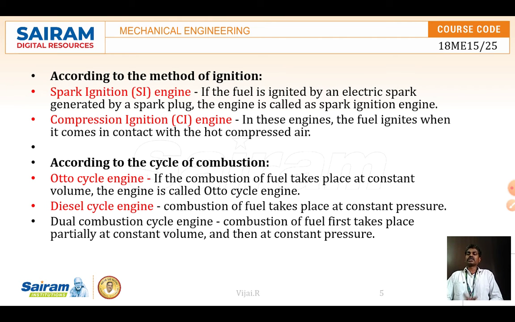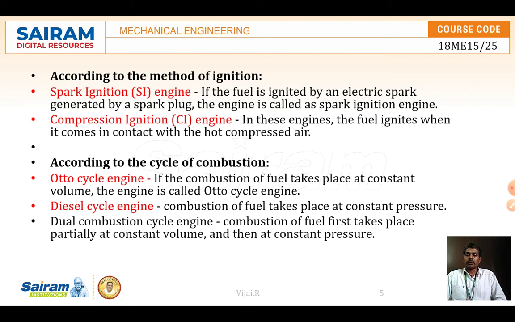That is called the spark ignition system. Another one is the compression ignition system, where the fuel ignites automatically with the pressurized air at high temperature. There is no spark plug present here. So the CI engine is the compression ignition engine.